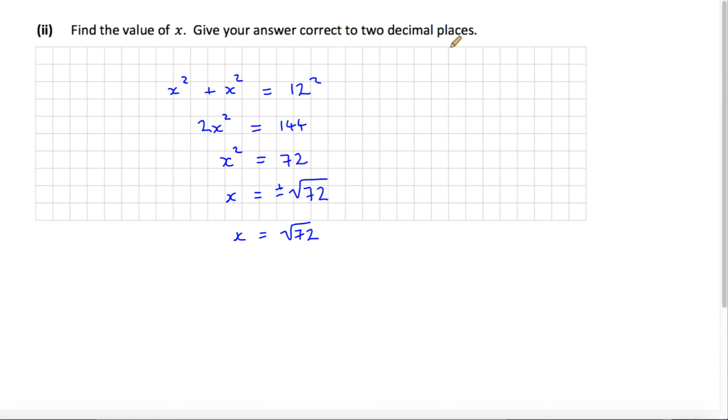So on your calculator, when you type in root 72, press the SD button and it will give you root 72 as a decimal, so it's 8.4852, and on it goes, but we only need this correct to 2 decimal places, so we look at the third digit after the decimal. This 5 knocks the previous 8 up to 9, so it'll be 8.49. That's going to be the value of x.